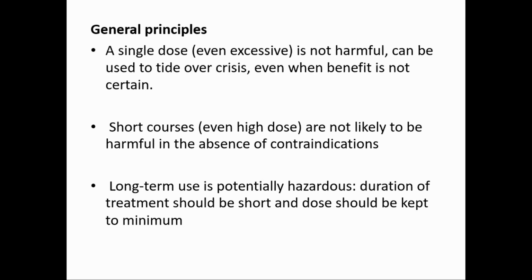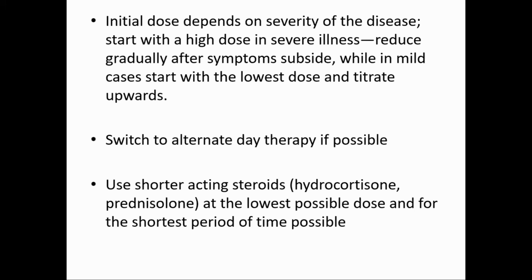So if you're giving the corticosteroid for a long period of time, for a month, for a year, that is very hazardous, and the duration of treatment should be short, as well as the dose should be kept to a minimum. When a patient is taking corticosteroid, the initial dose depends on the severity of the disease.